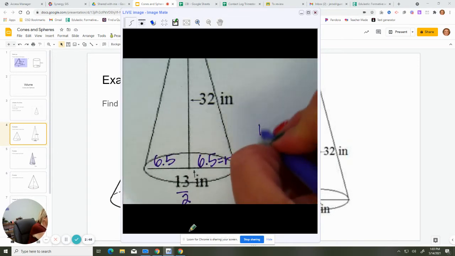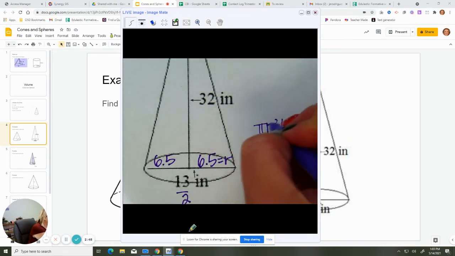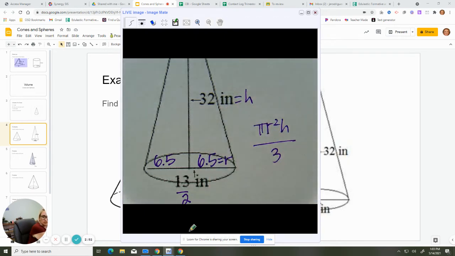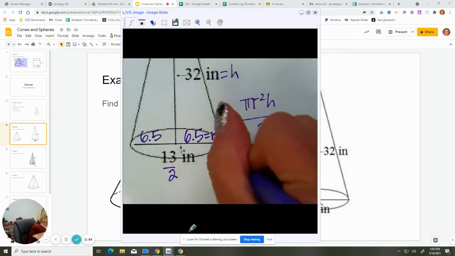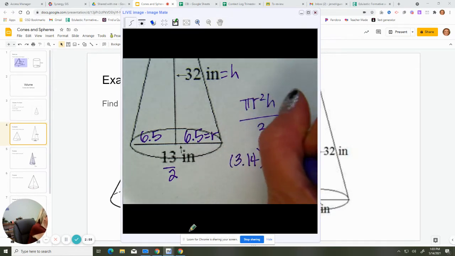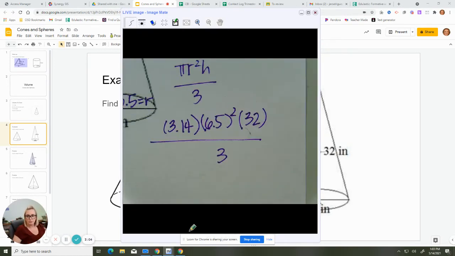Now again, we have our same formula. This is now r, this is h. So we would say 3.14 times 6.5 squared times 32, all divided by 3.